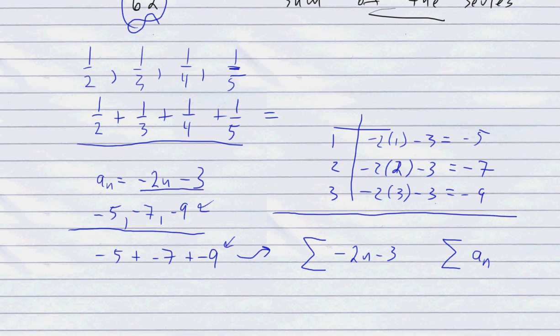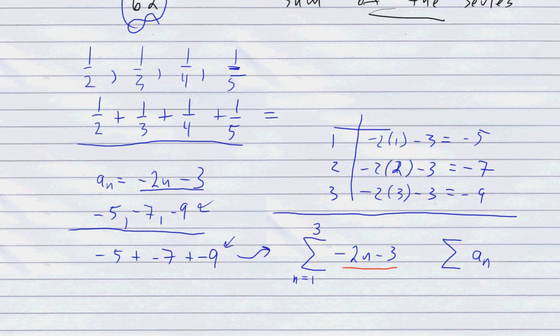Now, in this case, notice that we're adding the first 3 terms in the series. To indicate that, I write it as part of the sigma: n equals 1 up to 3. So let's be careful and make sure we understand this. This sigma notation means we're going to generate the terms of the series by using a formula.